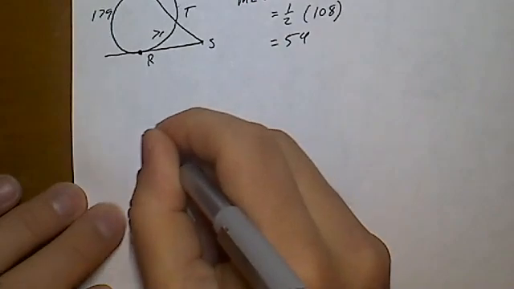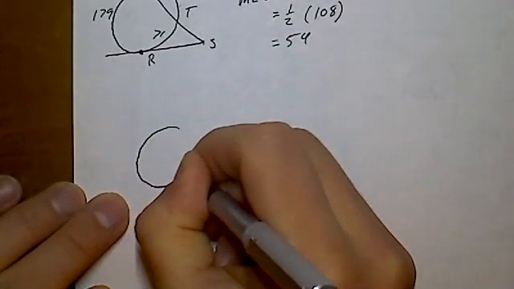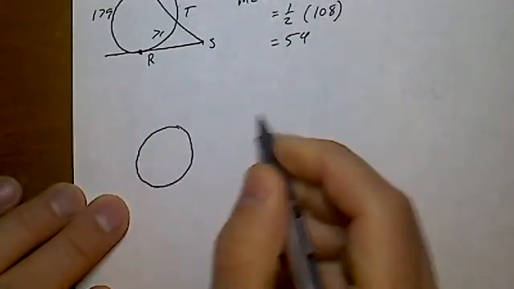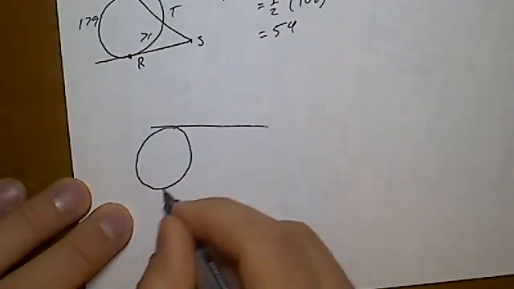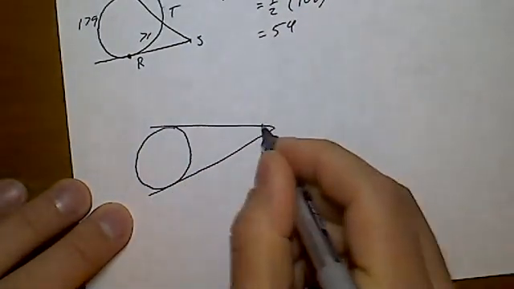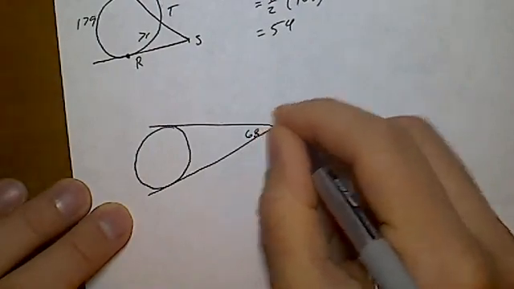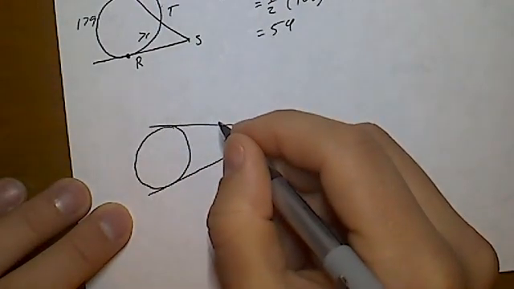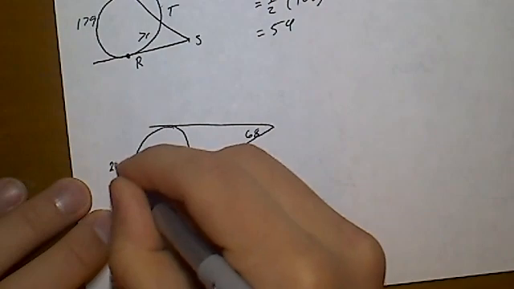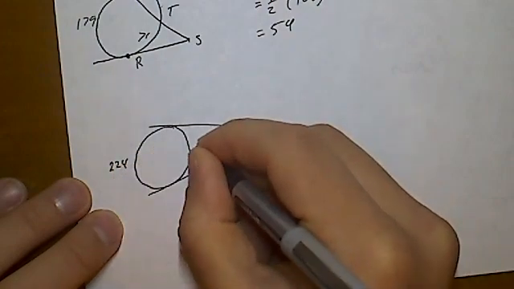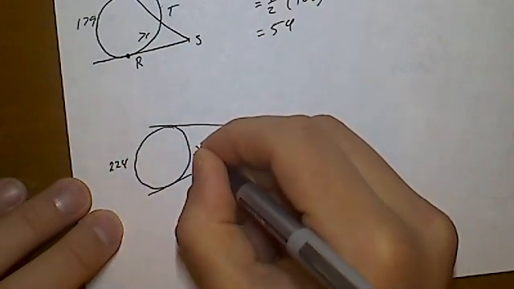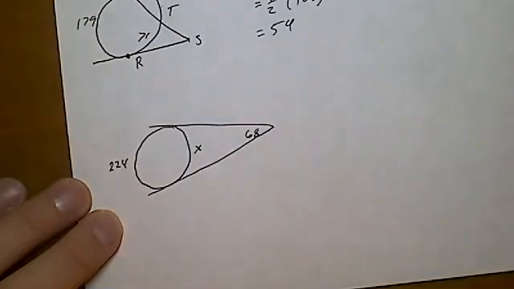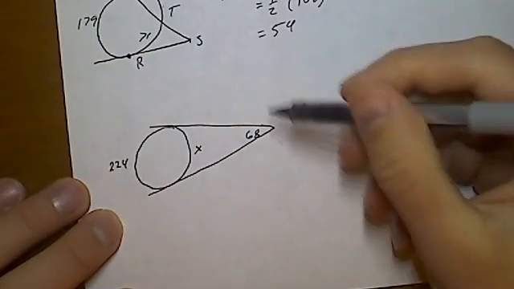Right. 68, 224, and that'll make it easier, X. Right?